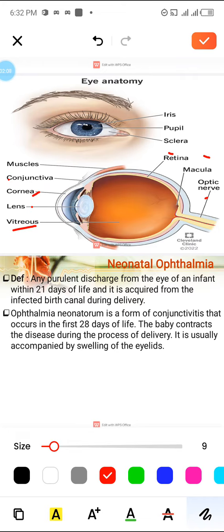And where we have the conjunctiva here, what problems will arise in terms of complications? Most of the time the complications will arise from there and these other parts, but mostly the conjunctiva is highly affected, so you'll see the complications. That's why you need to know some of these parts.